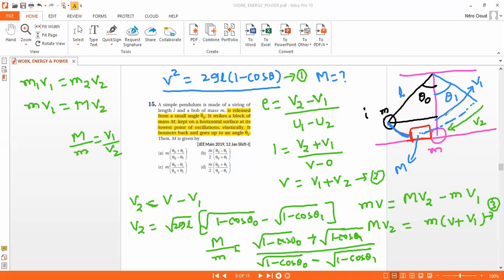Initially they are both in the same direction. So 1 minus cos theta naught I can write as 2 sine square theta naught by 2.